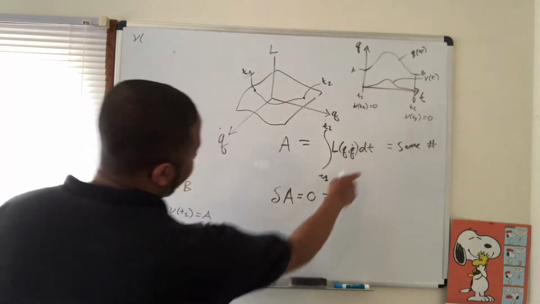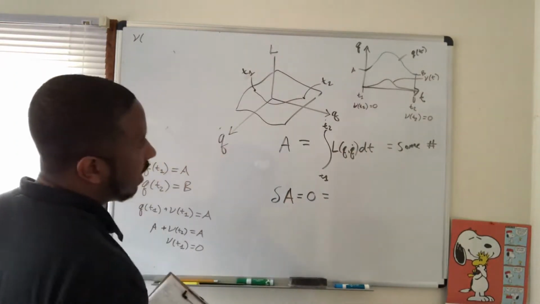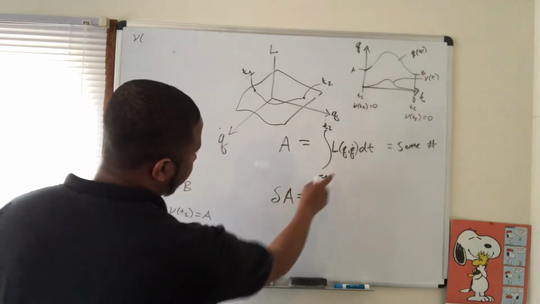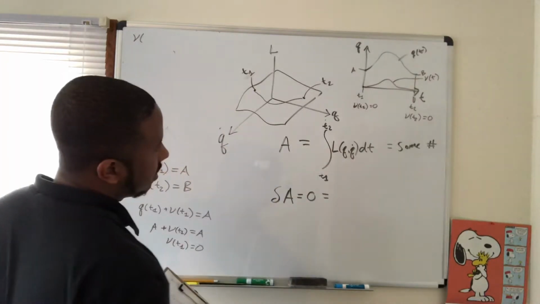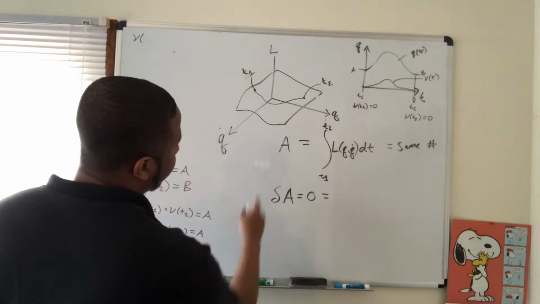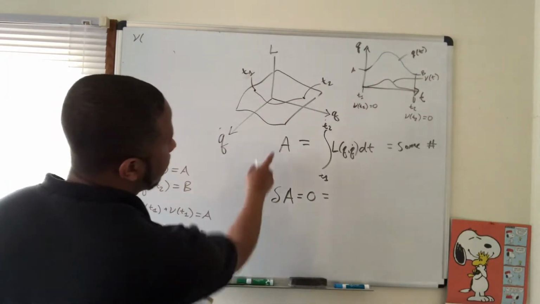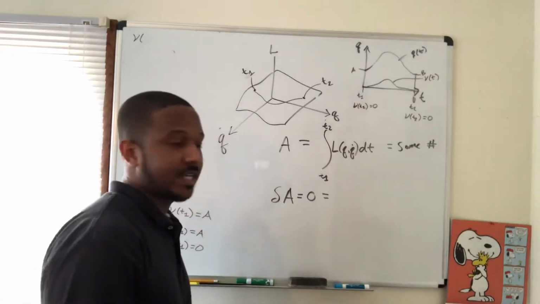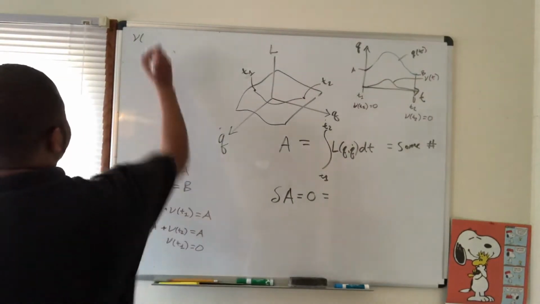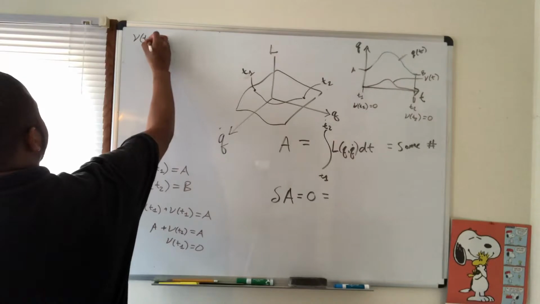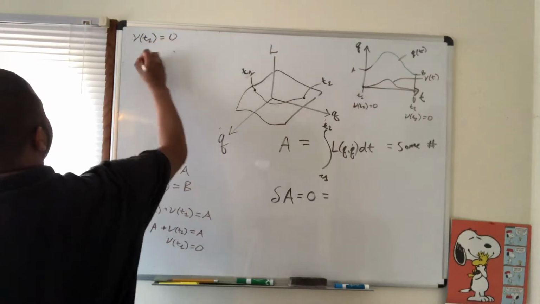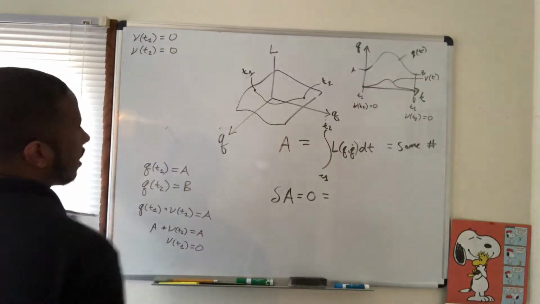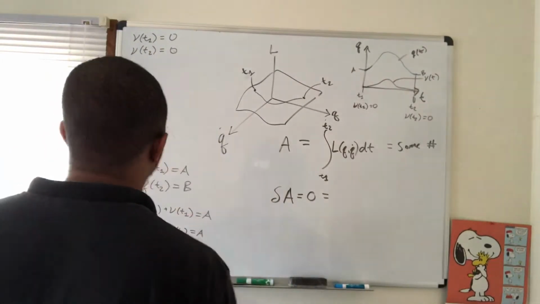Because we're saying that if we have chosen the stationary function, then any small change to that stationary function correlates to some small change in the action, and that small change in action is 0 if we've chosen the correct stationary function. So v at t1 equals 0, v at t2 equals 0, and the same is true for the velocity as well.